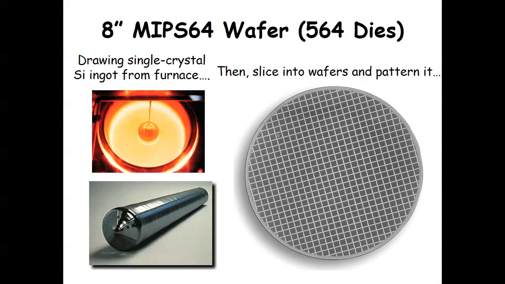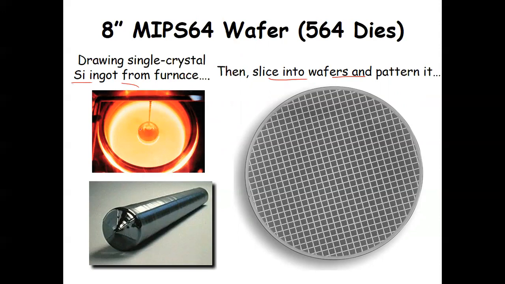So this diagram shows the wafer. The wafer is the one on which the integrated circuit is placed. Basically, the wafer is a semiconductor material, right? Here the semiconductor material silicon is in the furnace. First we take it from the furnace, and then we slice it into wafers, right?